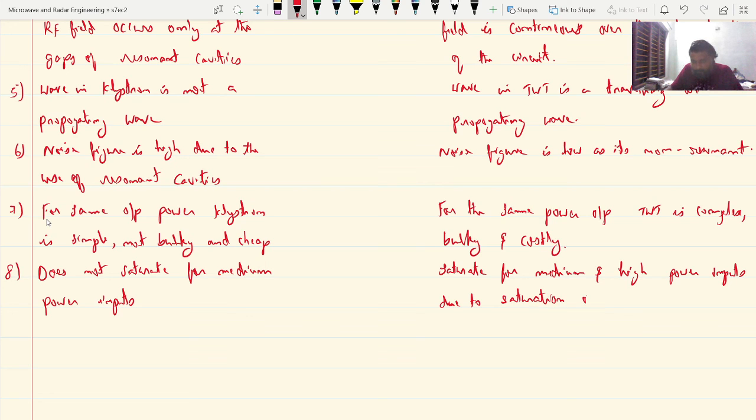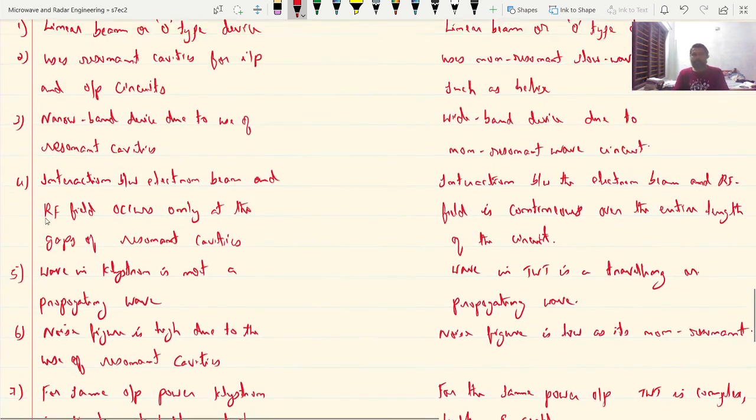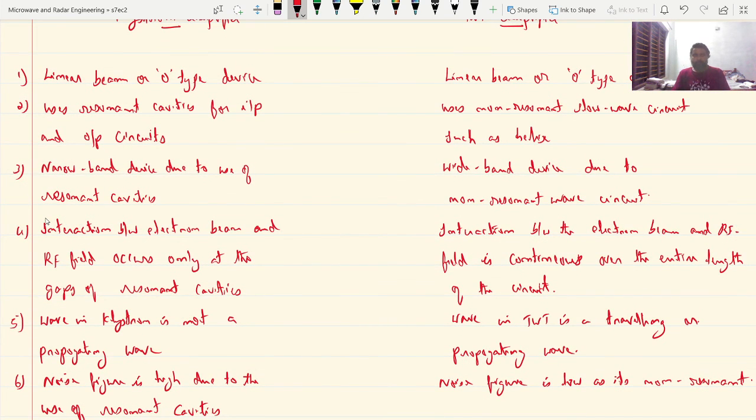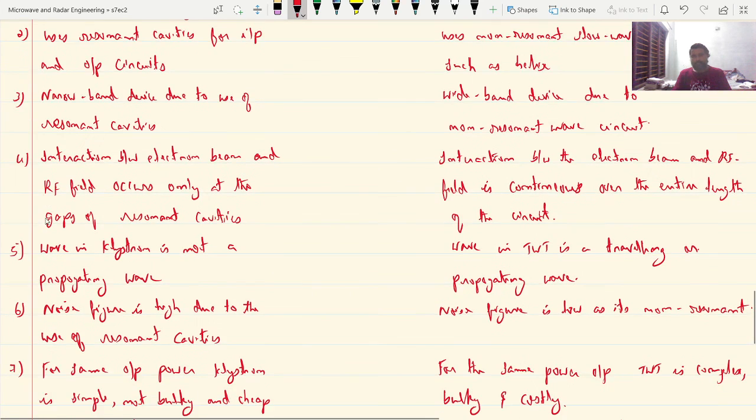So these are some of the major differences between the klystron amplifier and the traveling wave tube.